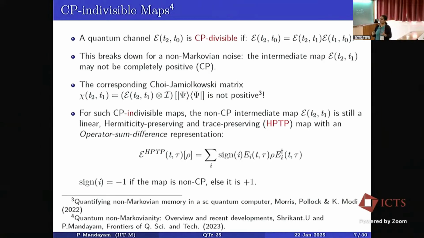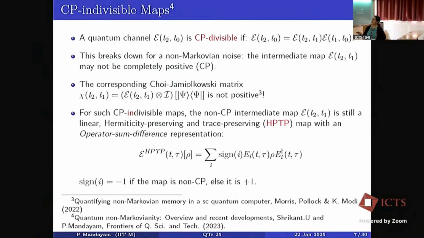So in a way, this leads us to a class of maps which may not be too different from the CPTP maps that we know and love. But at the same time, there is enough complexity for us to ask questions about quantum error correction for these maps. Okay?